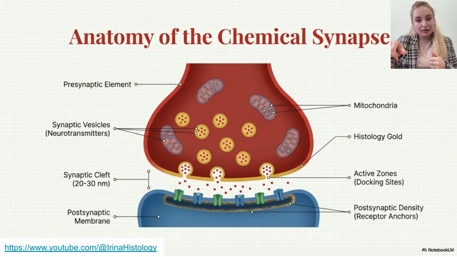If we talk about a chemical synapse, this will be filled with vesicles with neurotransmitters. And where do these neurotransmitters go? They will be received by the postsynaptic membrane, and this can be either a dendrite in the more classical way or the soma or axon of the second neuron that will receive the information from the first neuron.